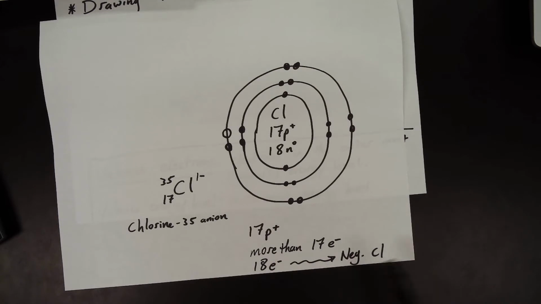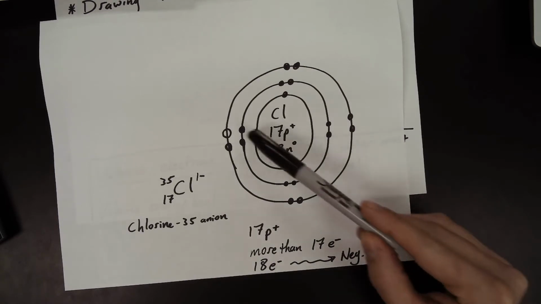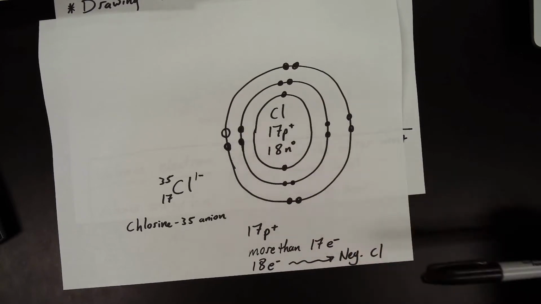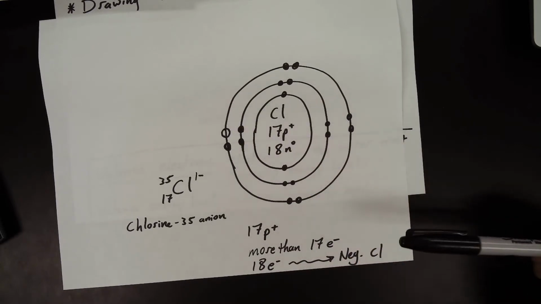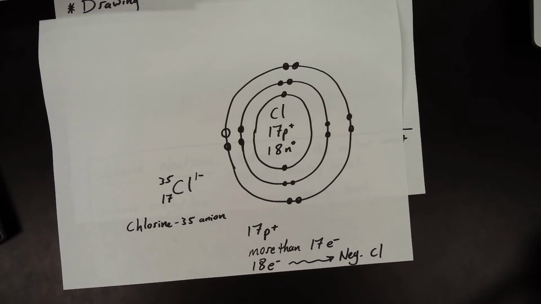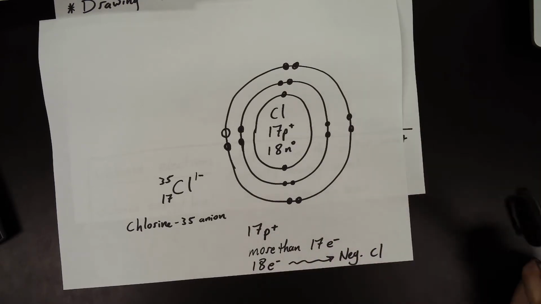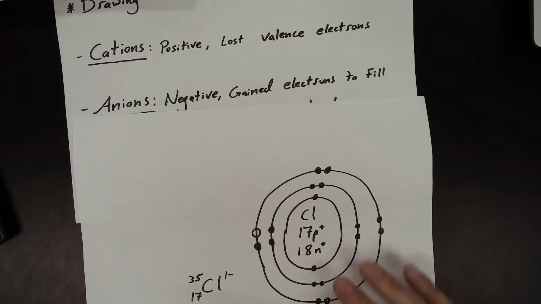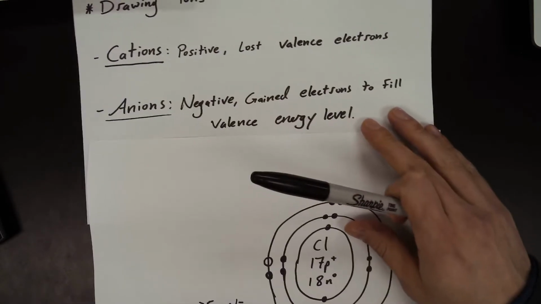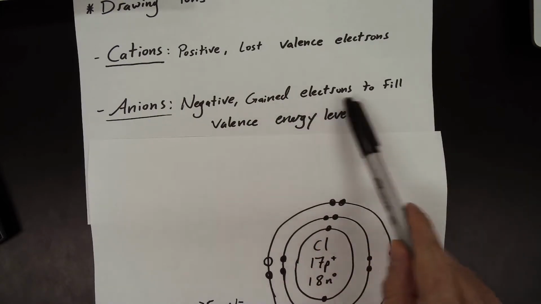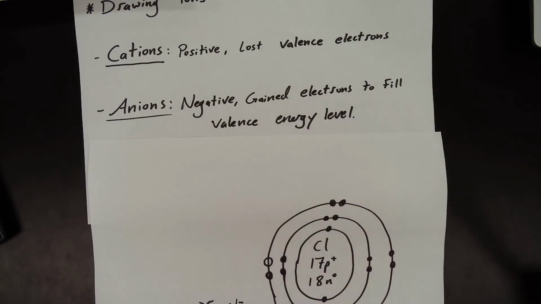We've ended up with 18 electrons. That's what this open circle is there. I used an open dot to represent my extra electron that I gained. But let's think about this for a second before we go on. Anions gain electrons to fill their valence energy level.